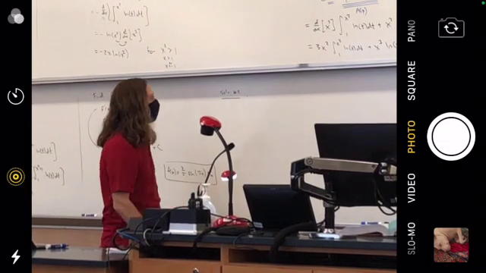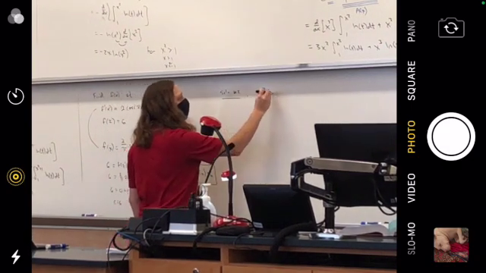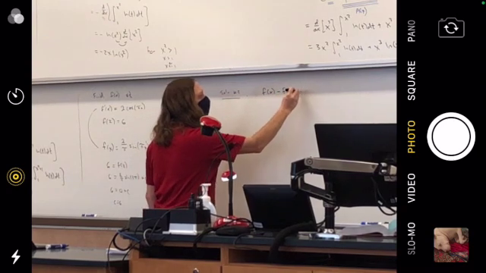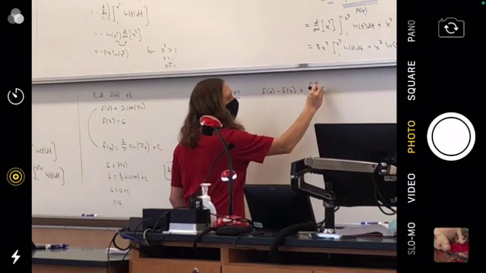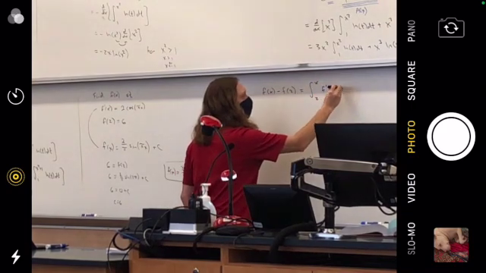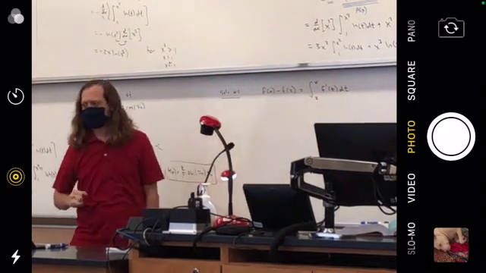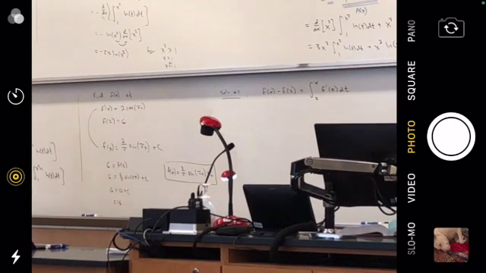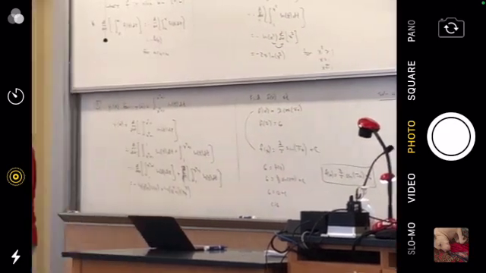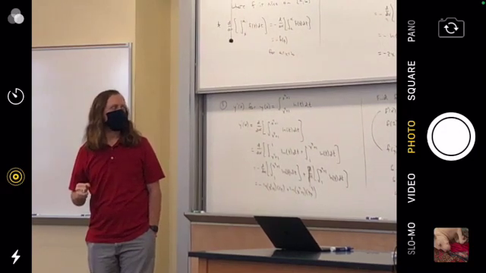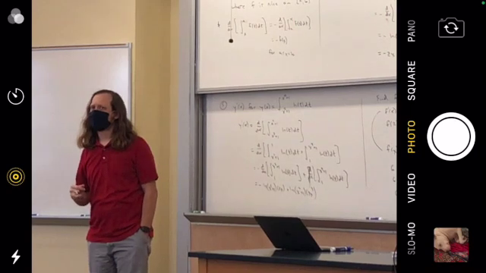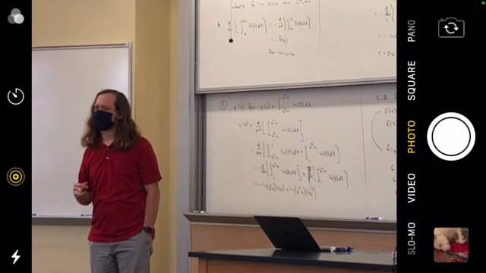What we say is this. I want to make it look like a theorem. I would say this. F of x minus f of 2 is the same as the definite integral from 2 to x of f's derivative. Is that a true statement?